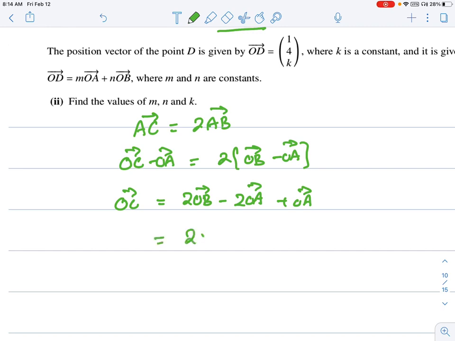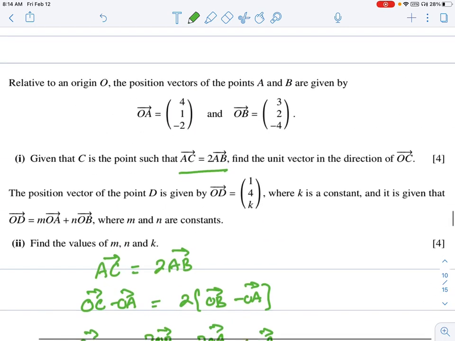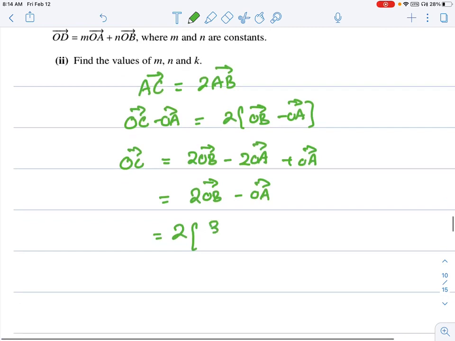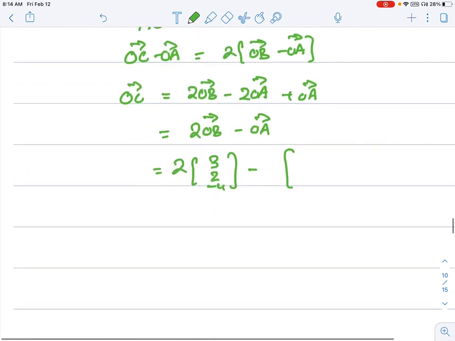So it becomes 2OB minus OA, 2 times OB. What is OB? 3, 2, minus 4. 3, 2, minus 4 minus OA. What is OA? 4, 1, minus 2.